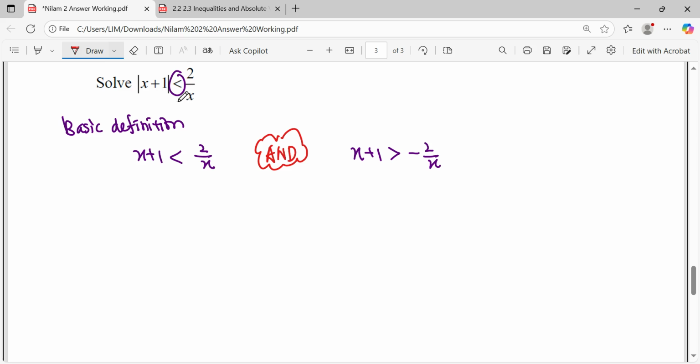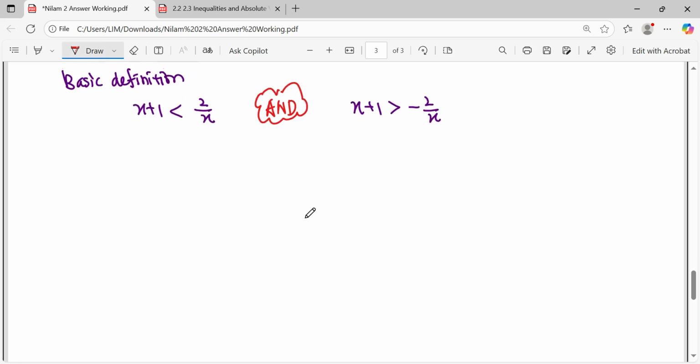We need to solve this positive function until the end. Then modulus also will have another negative function. We solve until the end. So both answers we need to overlap to conclude into one answer. Combine back to be one answer.